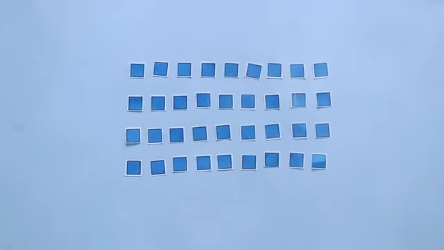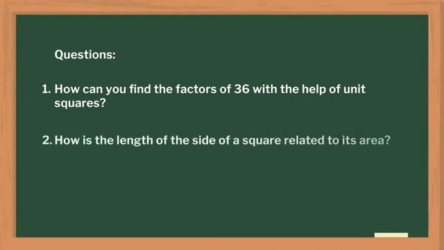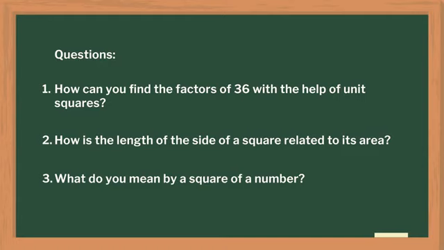While performing this activity, we can ask them different questions like, can we find the factors of 36 with unit squares? What is the relationship between the side of the square and the area of the square? And what does the square number mean? Or what is the meaning of square of a number?